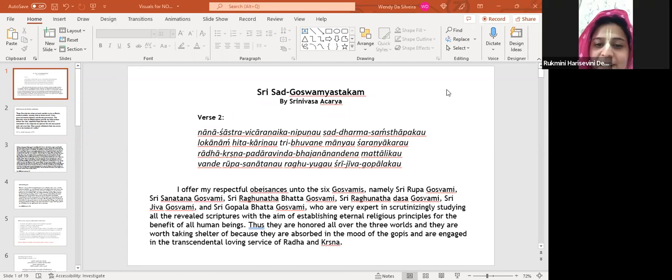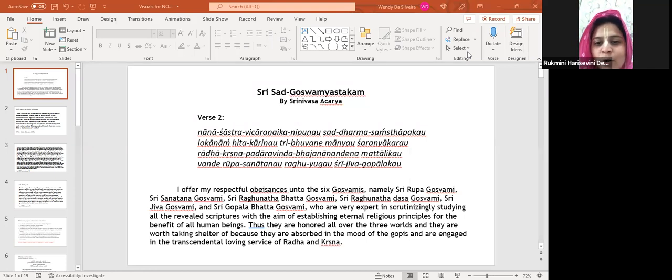I offer my respectful obeisances unto the 6 Goswamis, namely Shri Rupa Goswami, Shri Sanatan Goswami, Shri Raghunath Bhatt Goswami, Shri Raghunath Das Goswami, Shri Jeev Goswami, and Shri Gopal Bhatt Goswami, who are very expert in scrutinizingly studying all the revealed scriptures with the aim of establishing eternal religious principles for the benefit of all human beings.